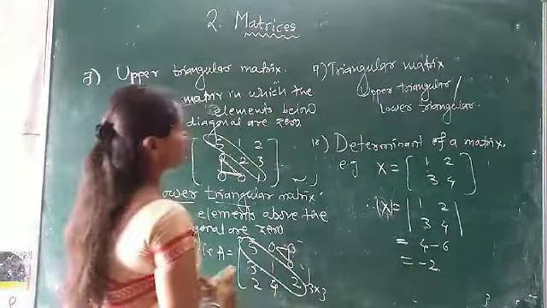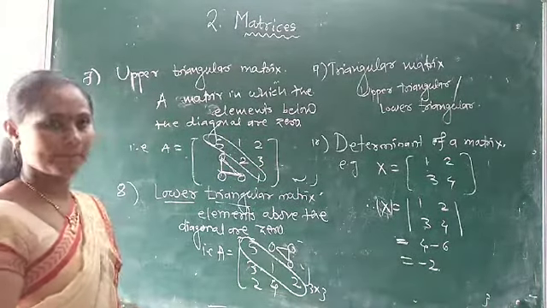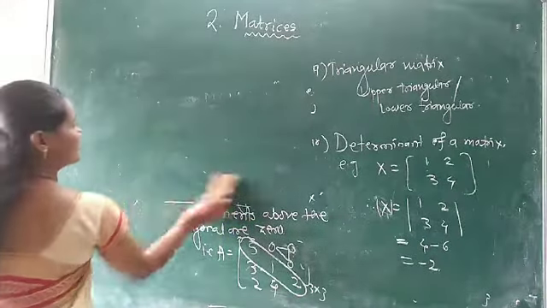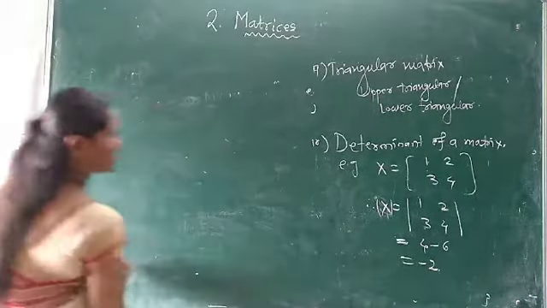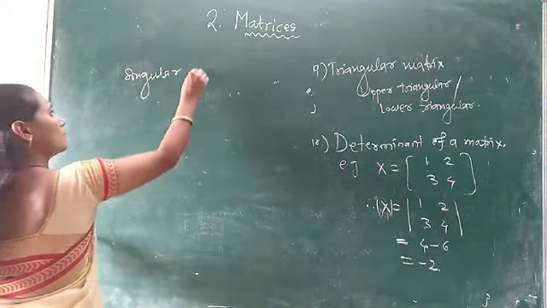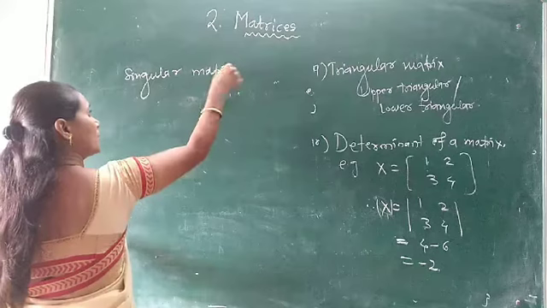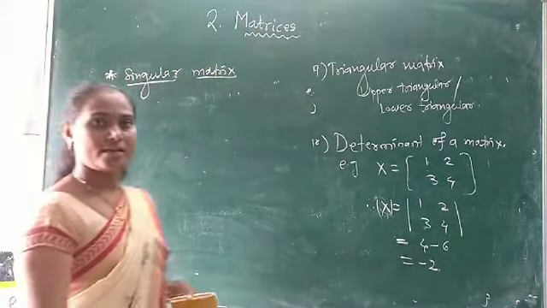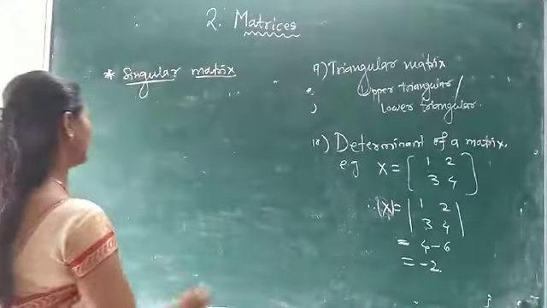Now, next point we see here, that is singular matrix. Now, this is again a very important point. We use this for finding the inverse of a matrix in the next lecture.